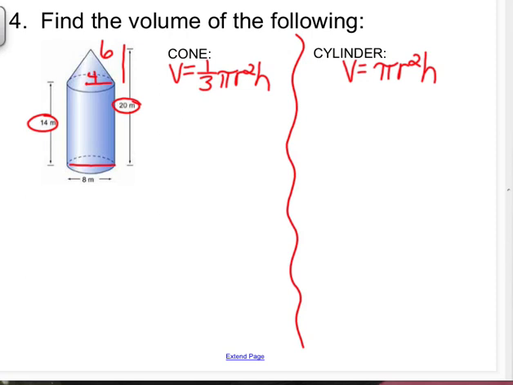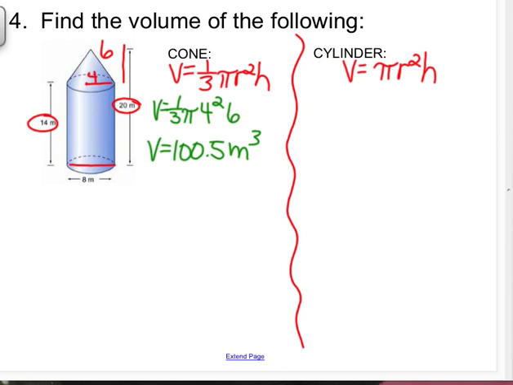I'll do this one in green, I guess. I need to take 1/3 times pi times 4 squared times the height of the cone, which is 6. So in my calculator, I do 1/3 times the pi button times 4 to the second power times 6, and I end up with an answer of 100.5 meters cubed, or cubic meters.